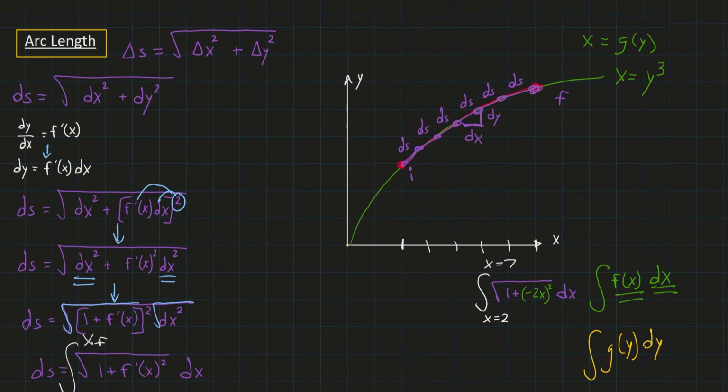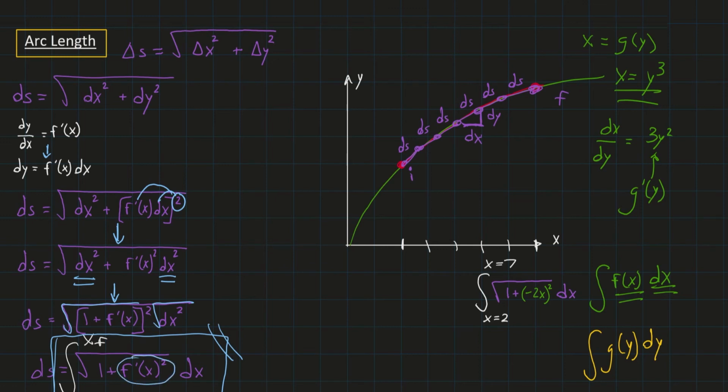So I couldn't use this integral that we built, because if I was to take the derivative of this thing, it would be dx over dy. It would be 3y squared. That derivative would be a function of y, g prime of y, you might say. Well, in our form of the integral down here that we built, this derivative is the derivative with respect to x.